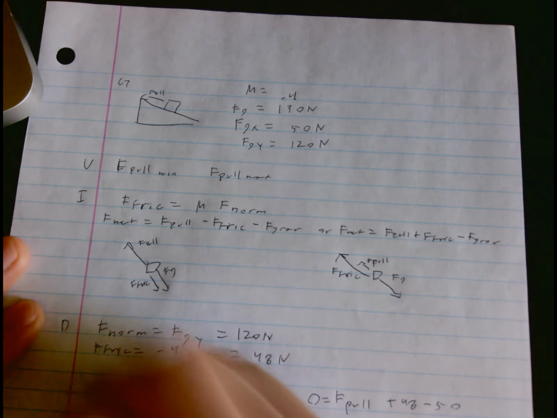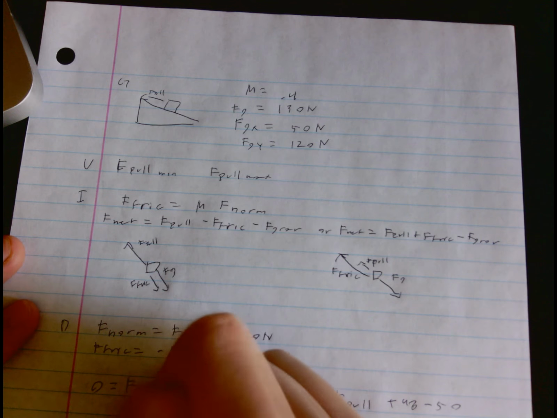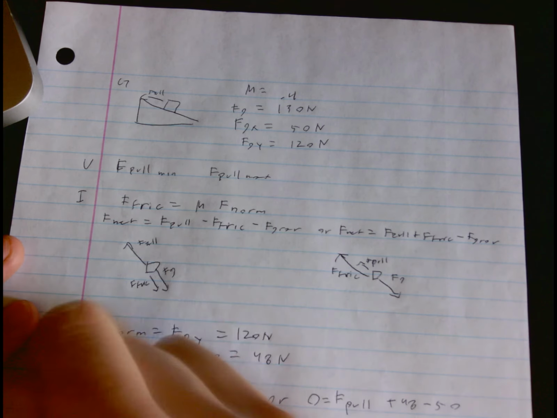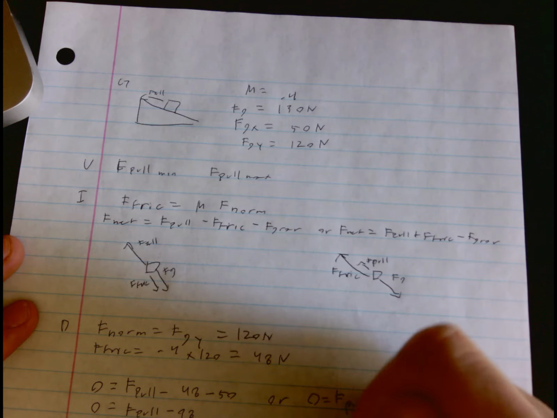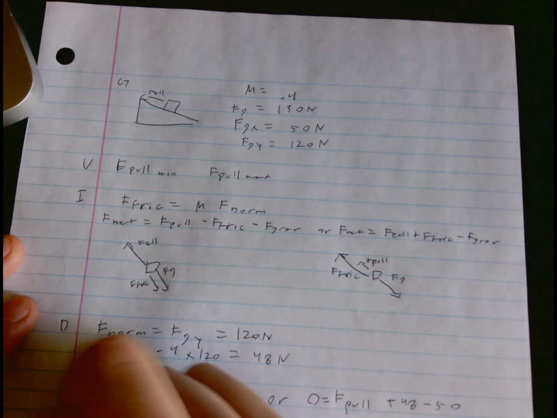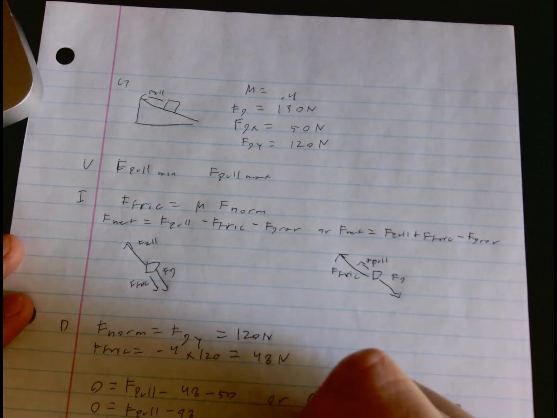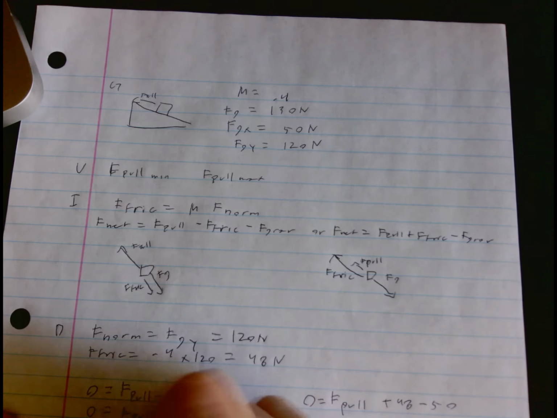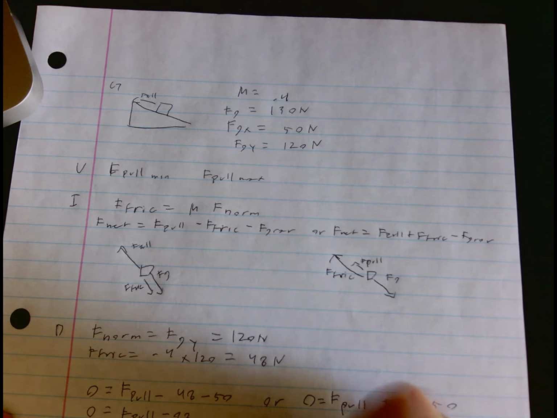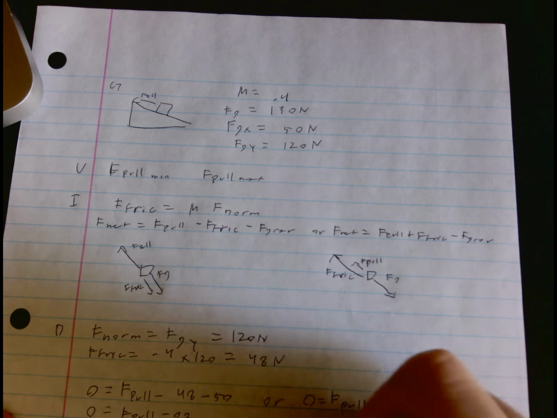Solving for F pull, we get that F pull minus 98 is equal to 0, or 0 is equal to F pull minus 2. Thus F pull is equal to 98 newtons at the maximum, or at the minimum, F pull is equal to 2 newtons.